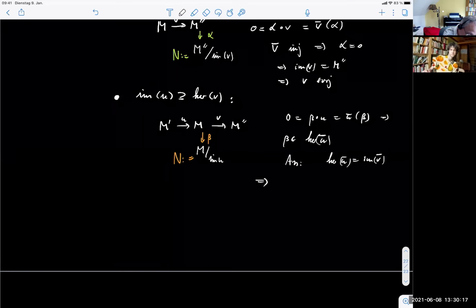Okay, so beta is in the image of V bar. So I find a gamma such that beta is V bar of gamma. So let me show it in the picture. Where is the gamma? It will be here.